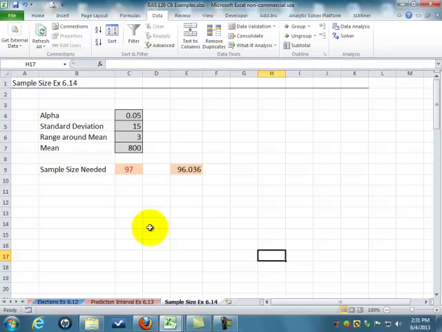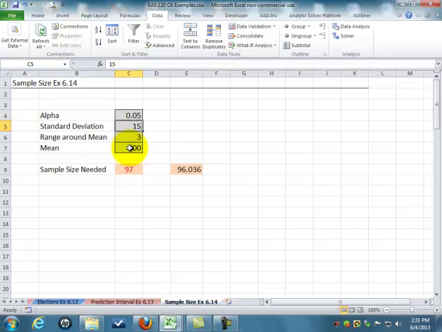The last thing I want to touch on is example 6.14, where we talk about sample size. This is kind of reversing the logic. Not are we 95% confident in an interval. We're going to say, what sample size do we need if we want an alpha of 0.05 or a 95% confidence interval?